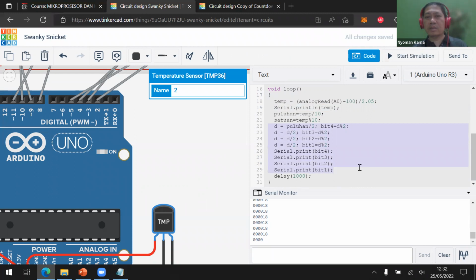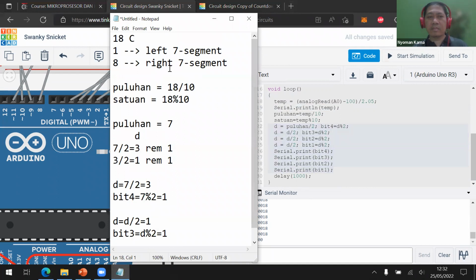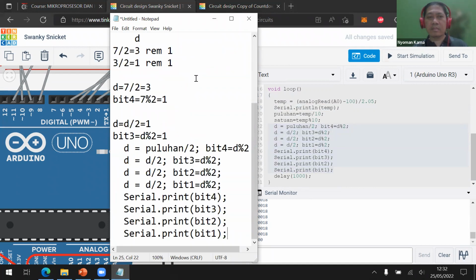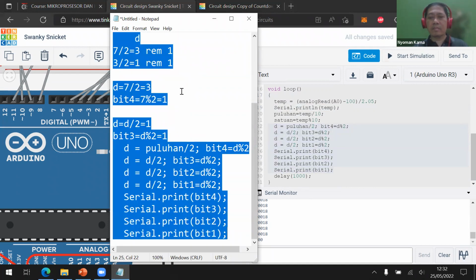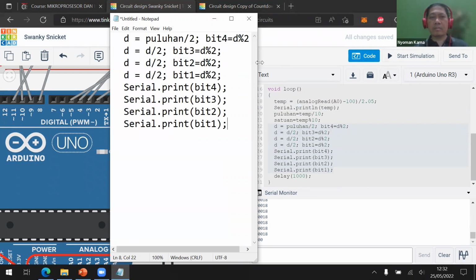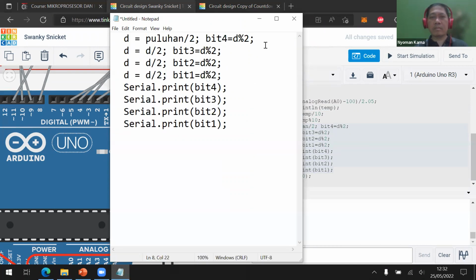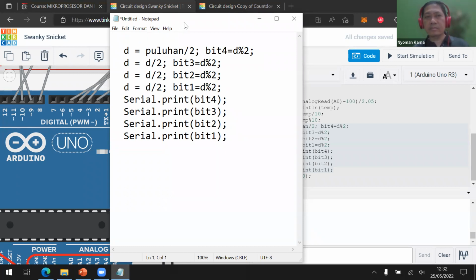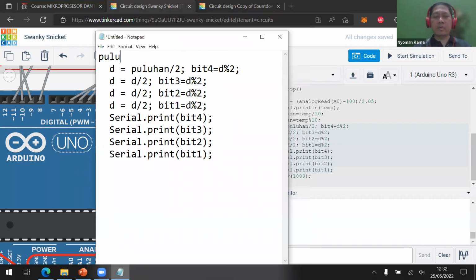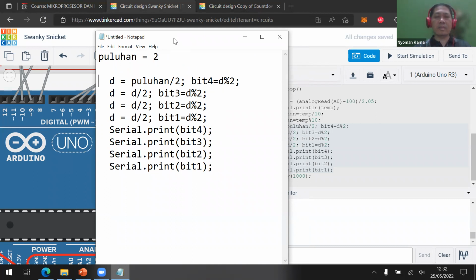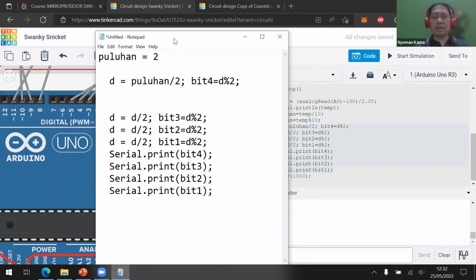Let's copy this logic. Now, let's say puluhan is equal to 2. The first logic is puluhan divided by 2.